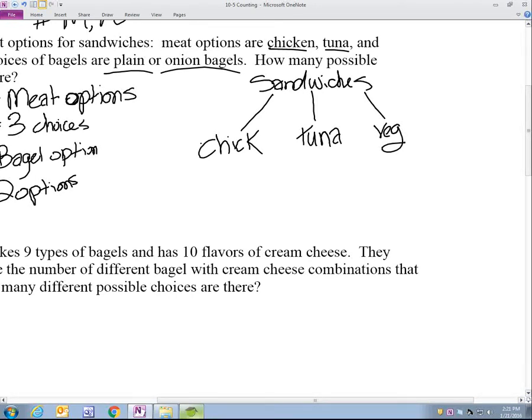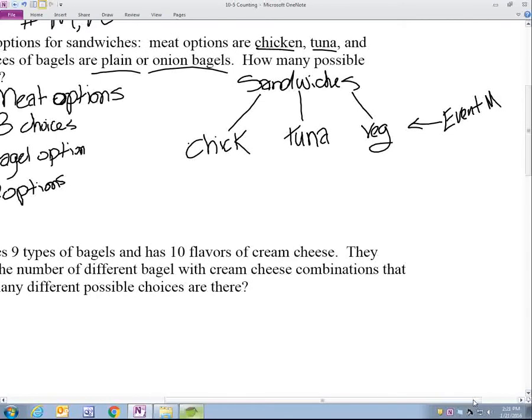And I'm also going to point at this and say, event M. And if I wanted a chicken sandwich on a bagel, how many choices of type of bagel do I have?